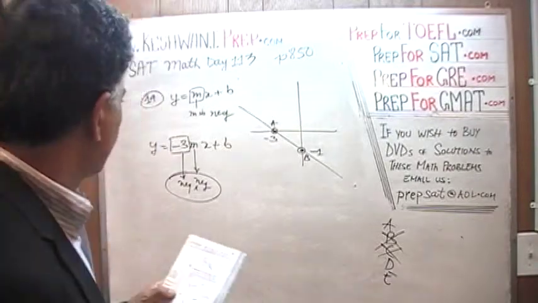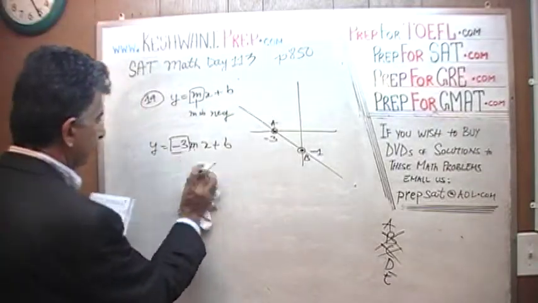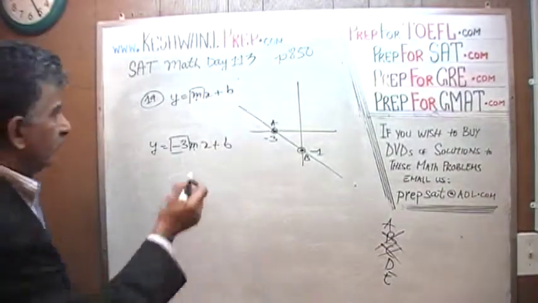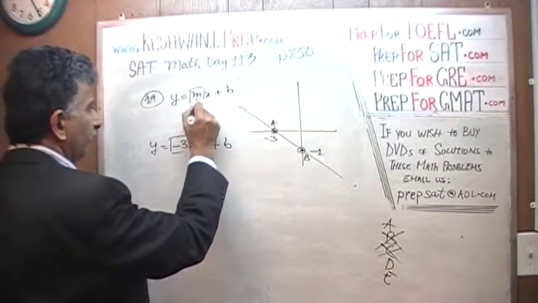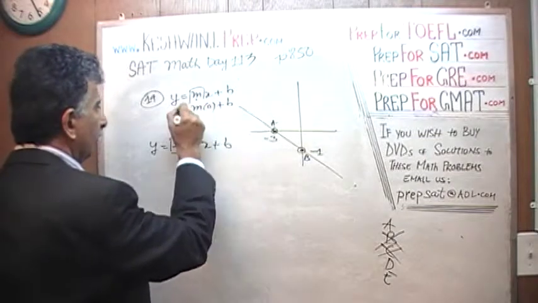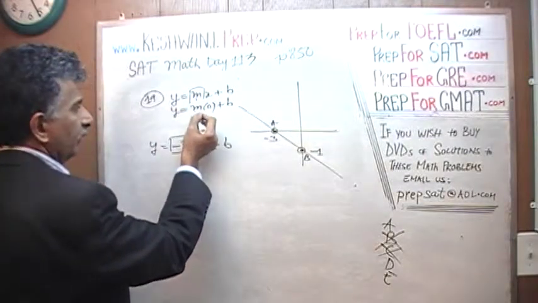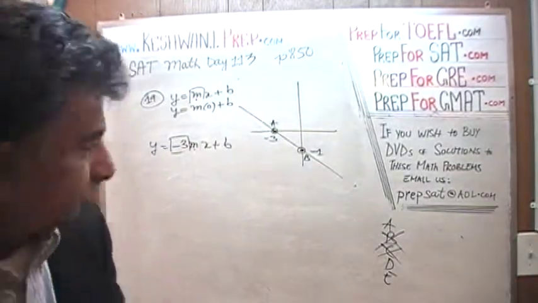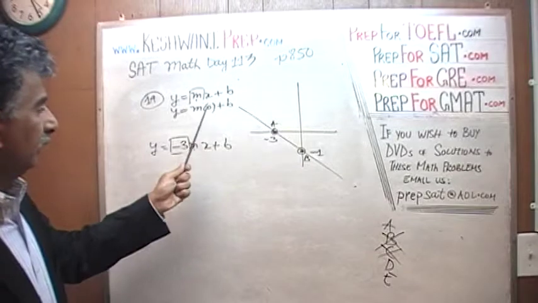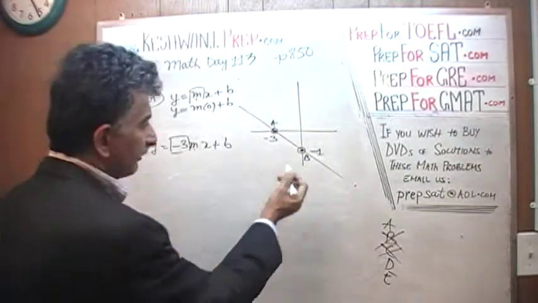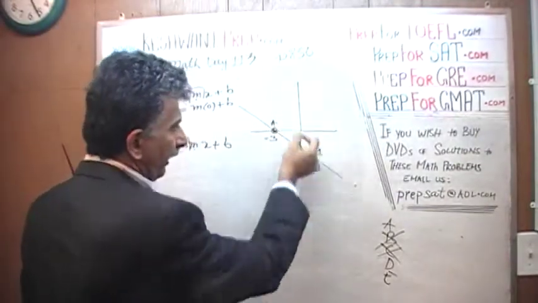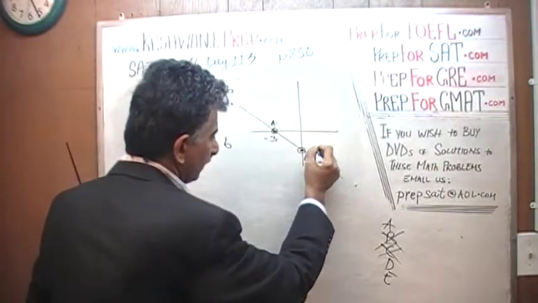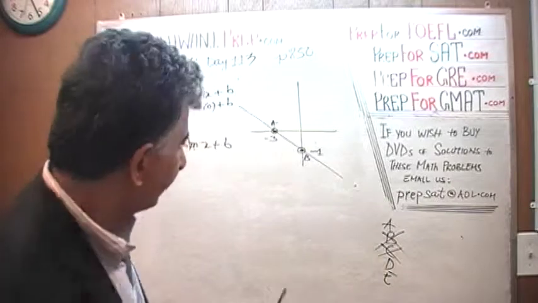The next thing we're going to look for is this part. The next thing we have to understand is that in both cases, when x is 0, y equals b, because 0 times m, 0 times any quantity is 0. So when x is 0 here, y equals b, which is right here along the y-axis.